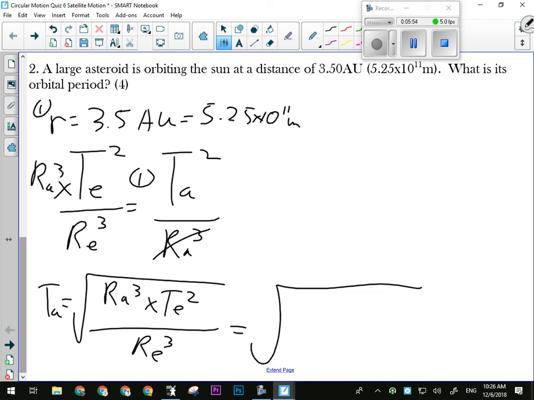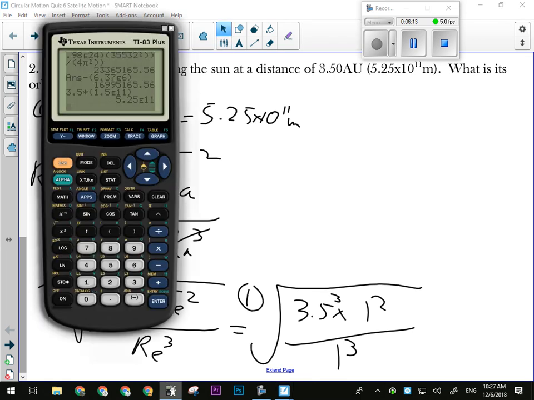That can be their third mark. So that'll be 3.5 times 1 squared over 1 cubed, so essentially the square root of 3.5 cubed.